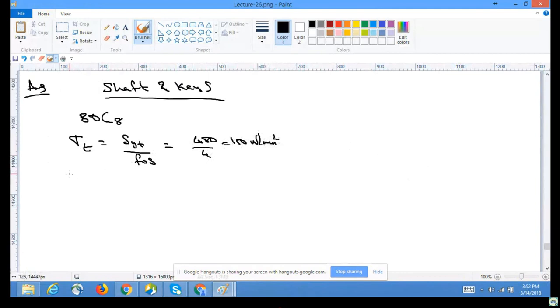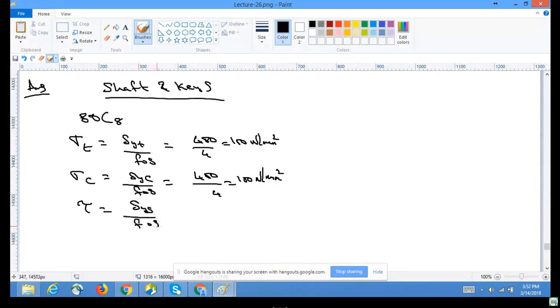And the crushing for the keys is SYC divided by factor of safety. We know both SYT and SYC are the same, so this is also 100 Newton per mm square. And the shear stress for the keys can be SYS divided by factor of safety, that is SYT divided by 2 factor of safety, that is equals to 50 Newton per mm square.